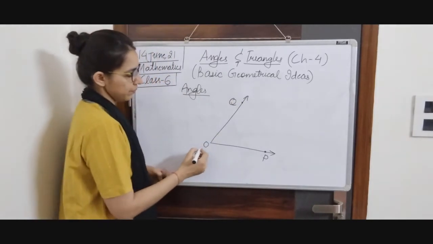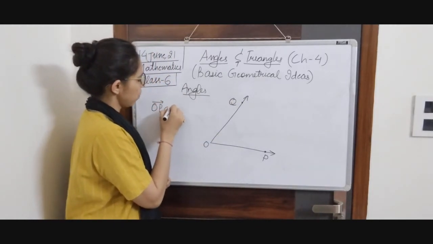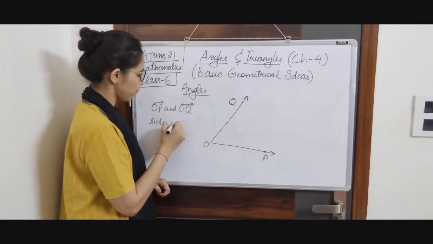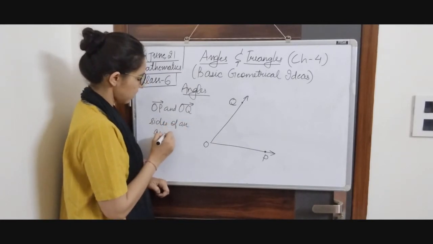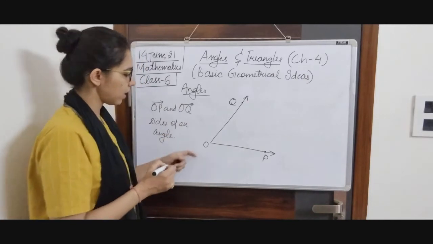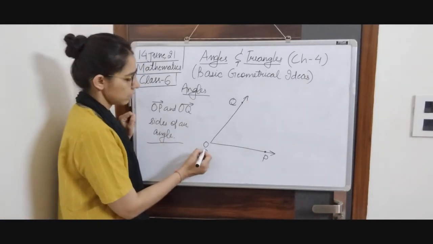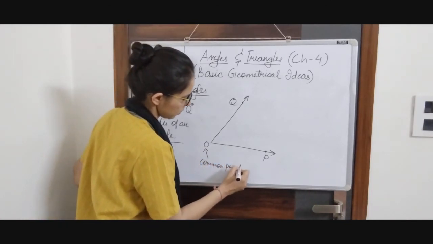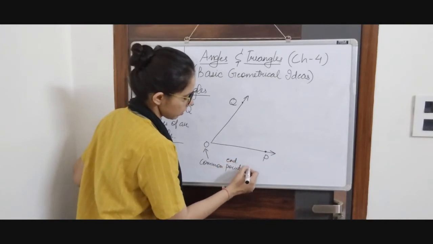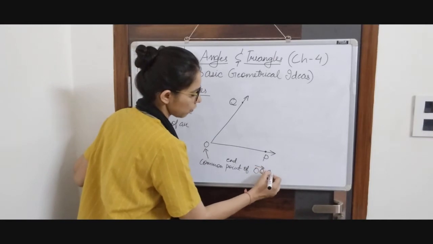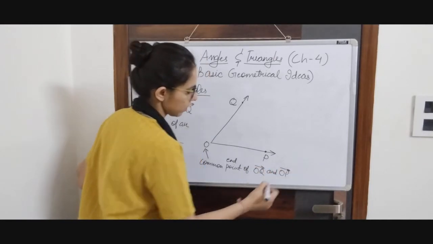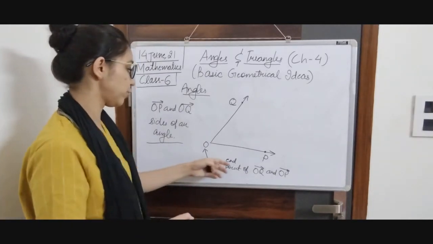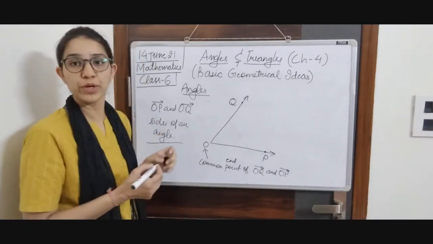These two rays, OP and OQ, are called sides of an angle, and O is the common point, or you can say the common endpoint or common initial point of rays OQ and OP.